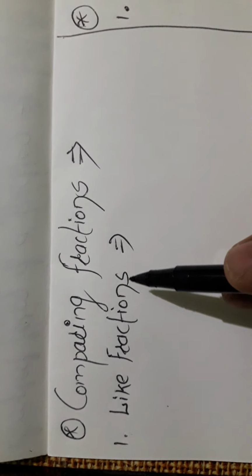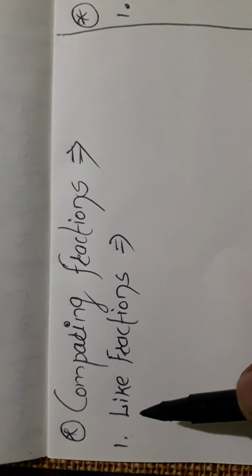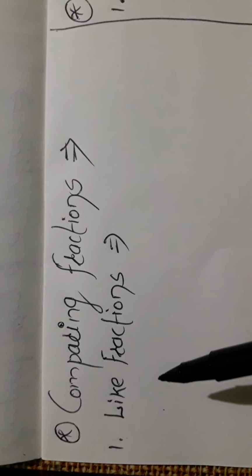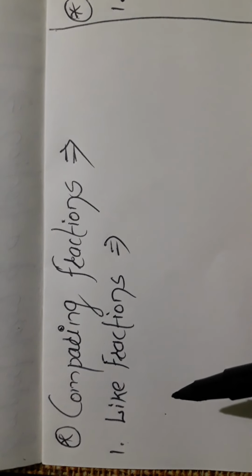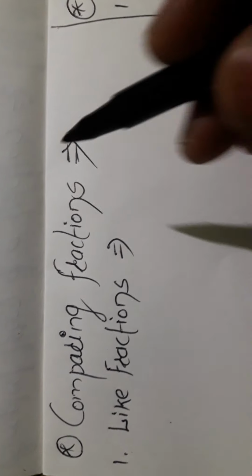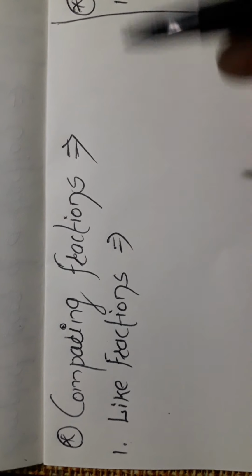Like fractions means fractions having the same nature, the same characteristics, the same features. But what is the exact definition of like fractions in this lesson? Listen carefully. Like fractions are fractions with the same denominator.